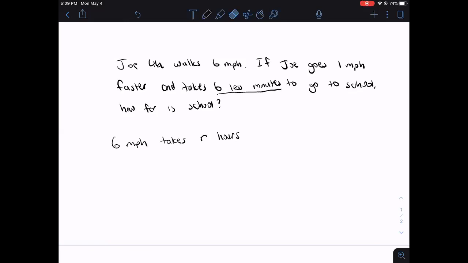Let's use T for time. Okay, so also, if Joe goes 1 mile per hour faster, that's 7 miles per hour, takes T minus 1 over 10 hours. And make sure you know why this works, because 6 minutes is 1/10 of an hour.